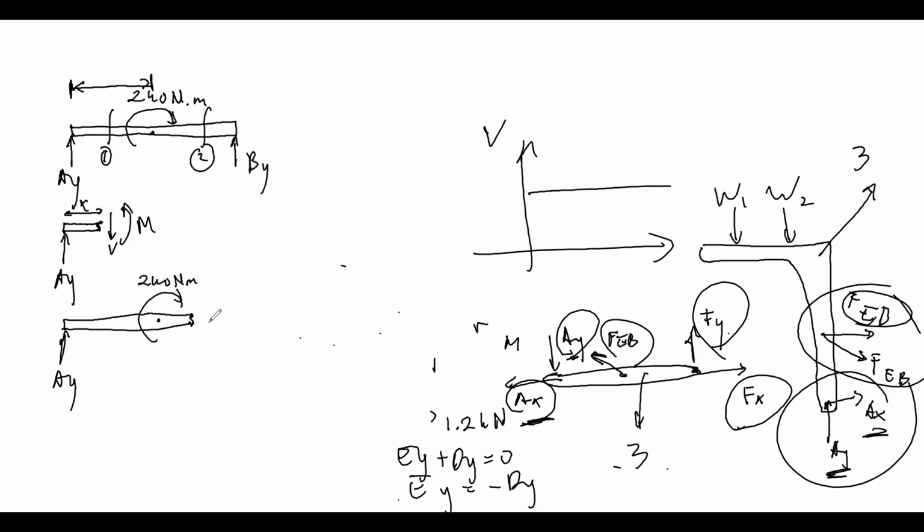And here, as usual, you draw the positive V and positive moment, like that. And this is your x. That's if you use the left cut. But if you use the right part of the cut instead of the left one, you don't have to draw the moment as well. So it's up to you.